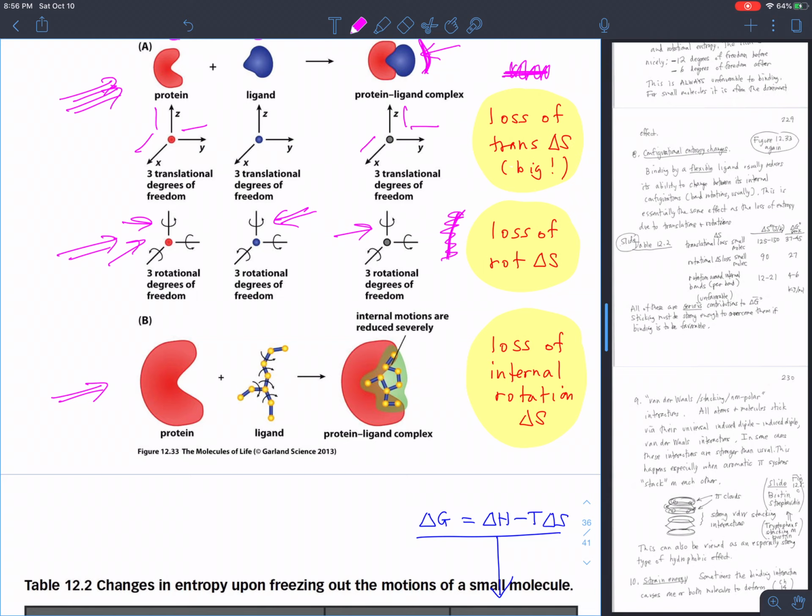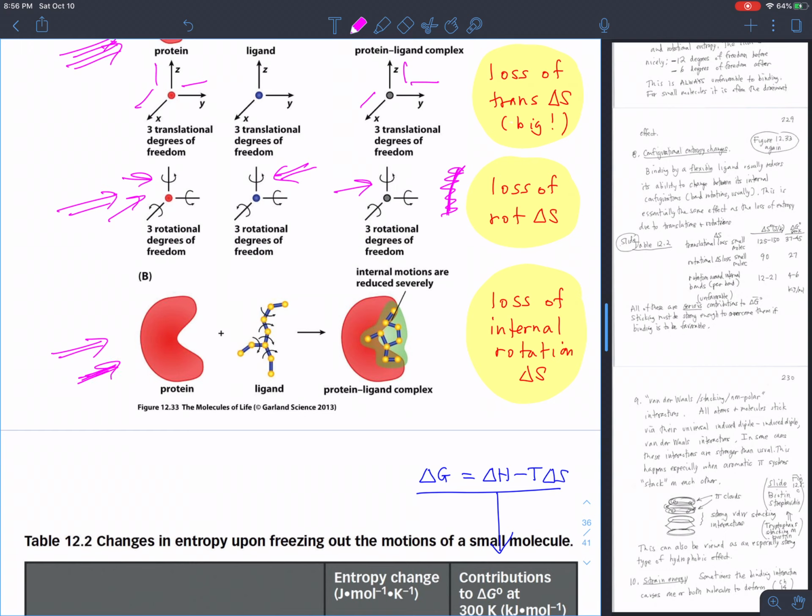The rotations are the next biggest, but there's a third one, and that's the fact that if I have some molecule that's got some internal degrees of freedom, it can flop around a bit, and you bind it to a binding pocket, well, it can still wiggle a little bit, but a lot of its floppiness has been restricted, and that also represents a big loss in degrees of freedom and in microstates, quantum microstates associated with those degrees of freedom, and therefore a loss of, I call it internal rotation delta S, but generally it's a restriction of the configurational freedom, whether it's rotation or something else, in the molecule when it binds.